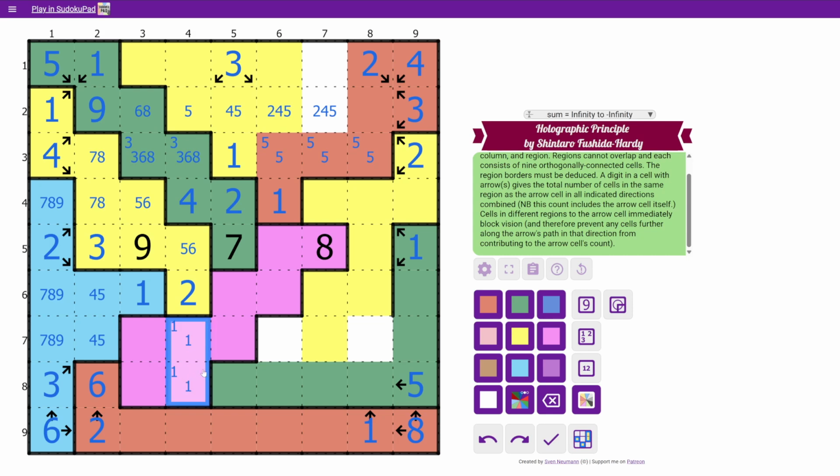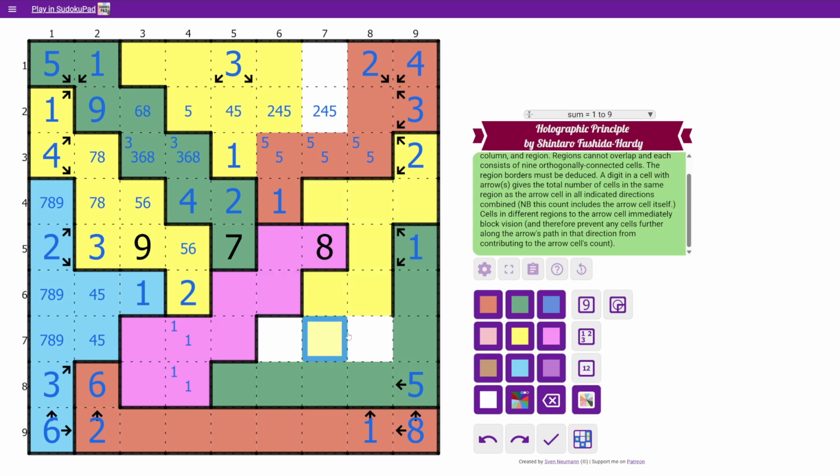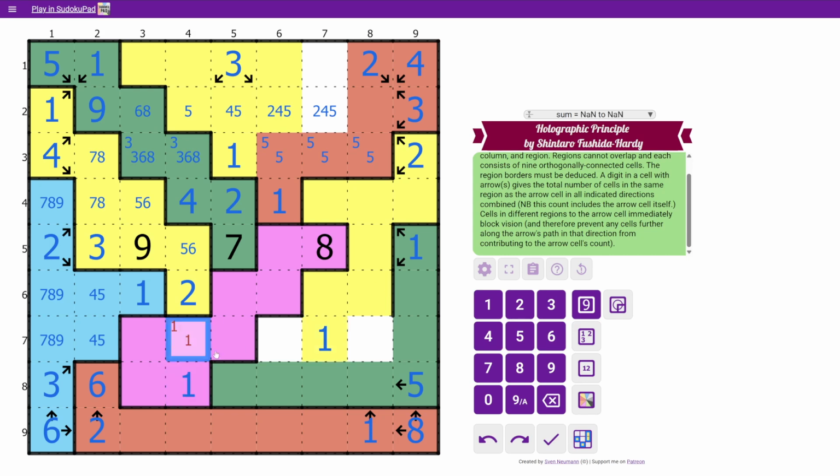So one goes in here for pink. Are ones done? No, ones are not quite done. Ones. One will go there for yellow. There for pink.